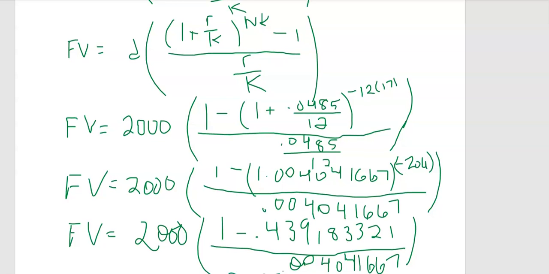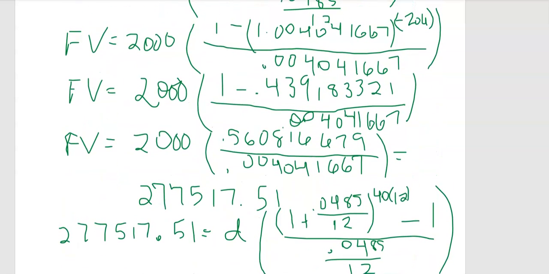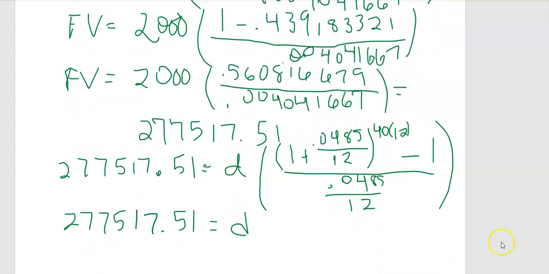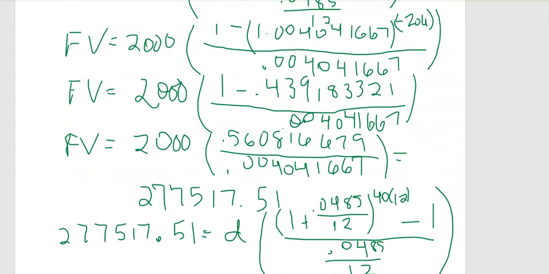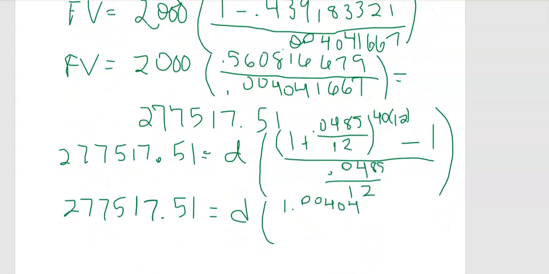So I'm just going to rewrite that decimal so I don't have to put them in my calculator again. 1.00404 1667.